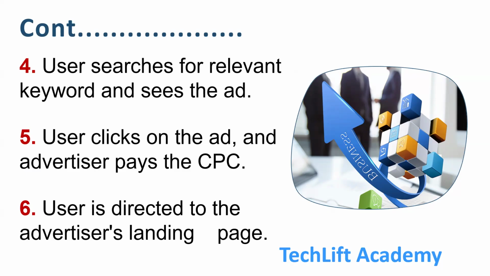Or maybe you're running a certain recruitment program and people are searching for jobs, maybe IT jobs. So which keywords are you going to put? We are able to see that in what we call the keywords. So we need to understand that users are going to click on the ad and the advertiser must pay, or what we call the CPC.